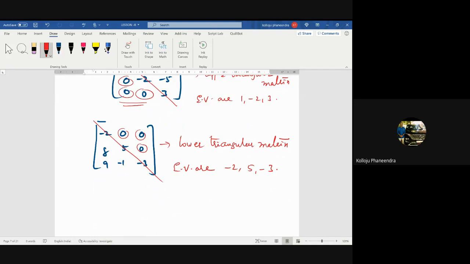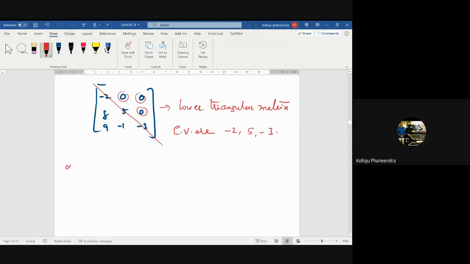Next topic is the Cayley Hamilton theorem.